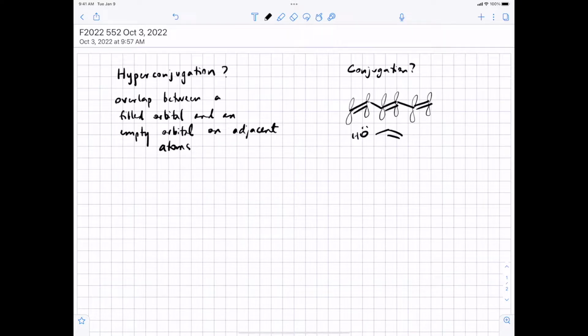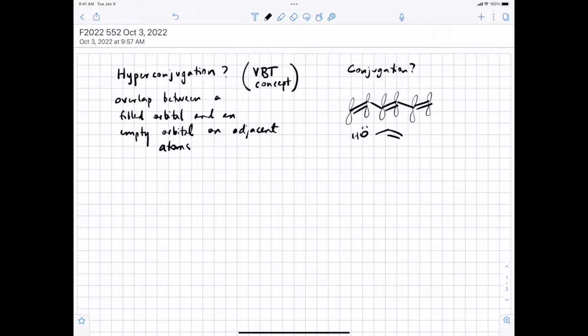And hyperconjugation is a valence bond theory concept. If you're going to do molecular orbital theory, you don't need hyperconjugation, but we use hyperconjugation along with resonance as a way to take valence bond theory and give us the same sorts of conclusions that we can make from MO theory.